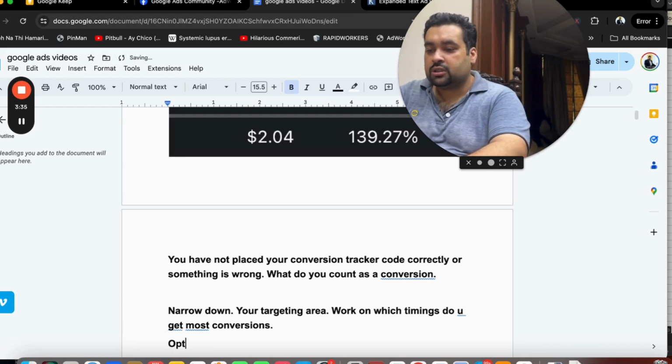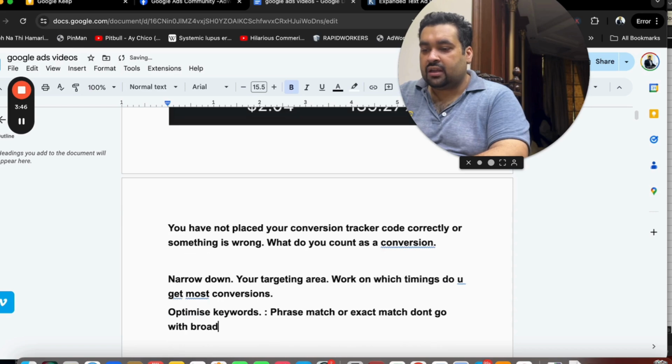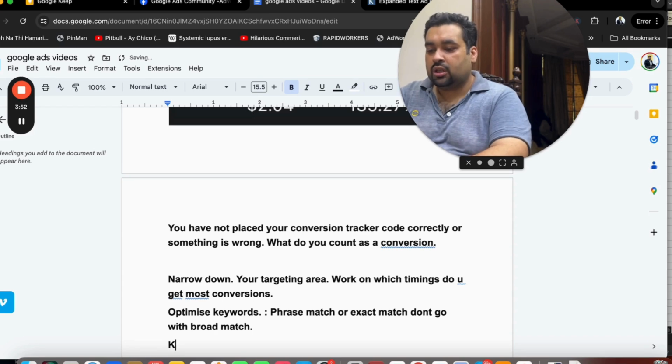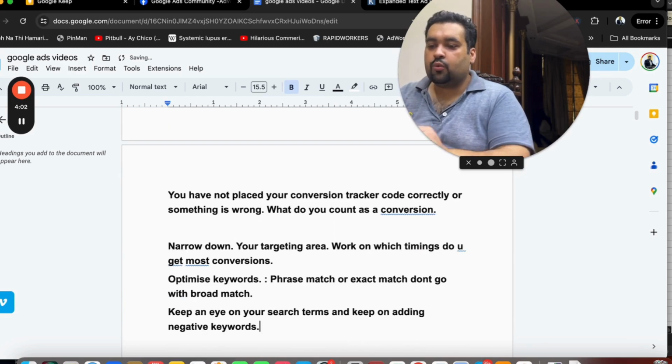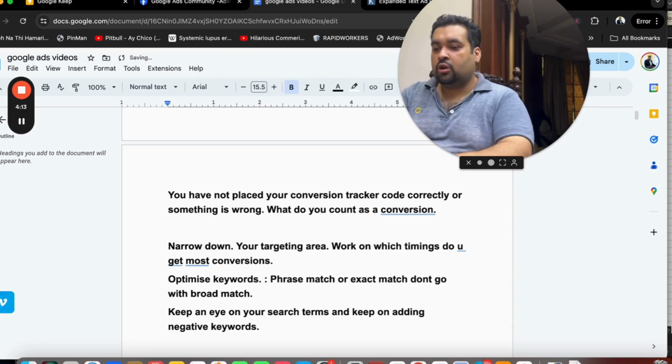Also optimize your keywords. My suggestion: go with phrase match or exact match. Don't go with broad match, because you are going to get irrelevant traffic. Also keep an eye on your search terms and keep adding negative keywords, which is a very good way to simplify and optimize your account.